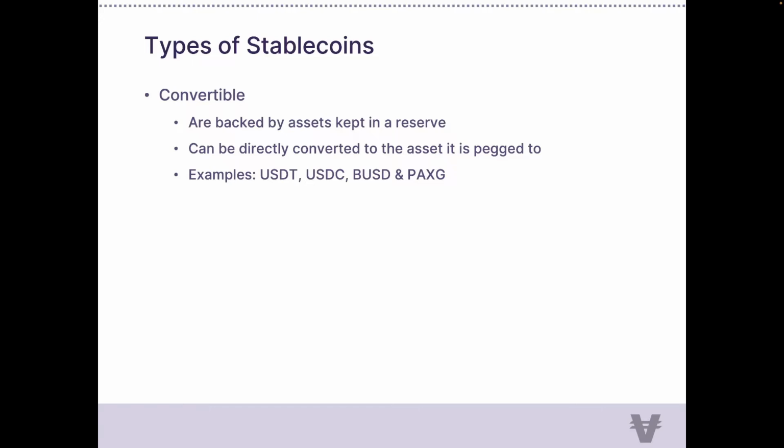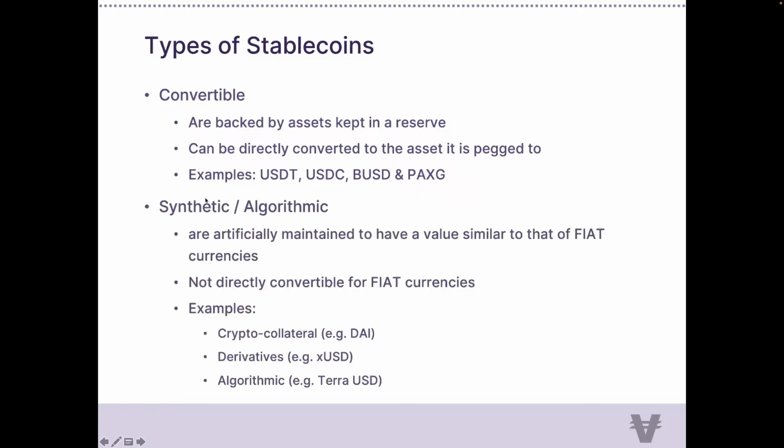These are called convertible because they can be directly converted to the asset they are backed by. These are mostly reserves of US dollar or also gold, as we'll talk about later on. Some examples are USDT, USDC, and Binance USD, and maybe a less famous one is PAX Gold, which we'll talk about in a minute.